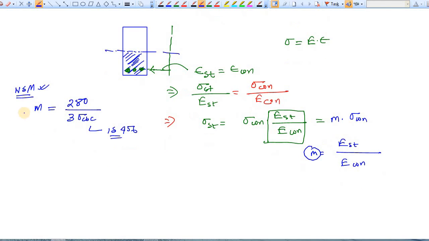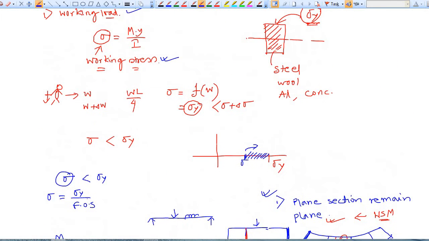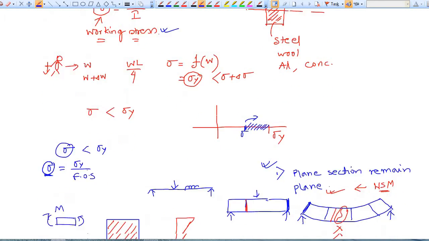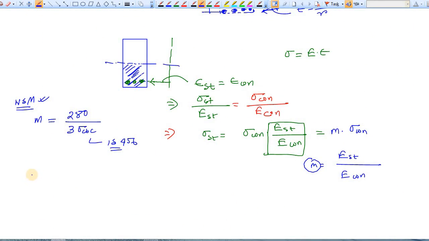So let's dive into the modular ratio. What is sigma CBC? At the very beginning, I have already discussed that the stress we take for any material, we limit by some factor of safety for emergency purposes. And here sigma CBC is from fck. You know what fck is? This is the cube crushing strength.